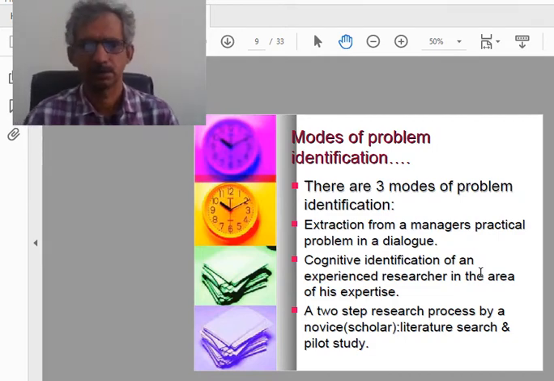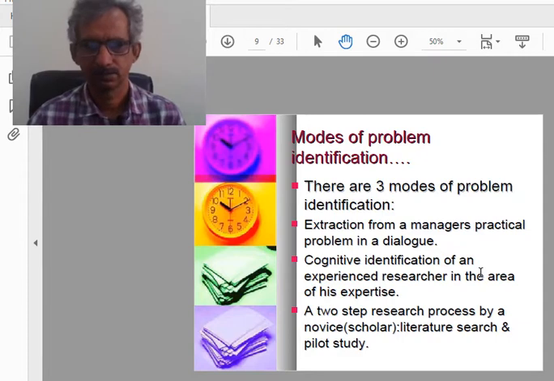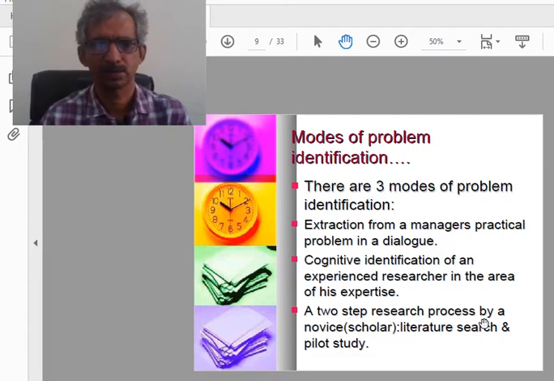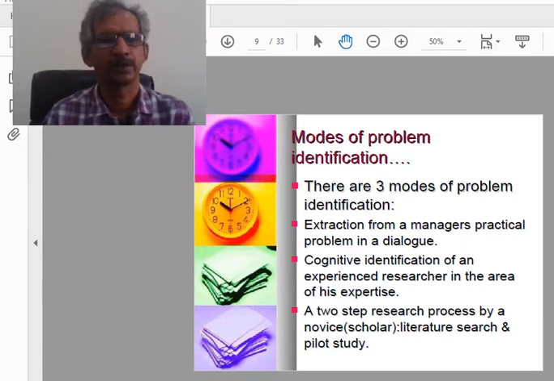Second, cognitive identification by an experienced researcher in the area of his expertise. Some researchers are very expert and can easily sense what issue the organization is facing. Third, a two-step research process by a novice scholar: literature search and pilot study.